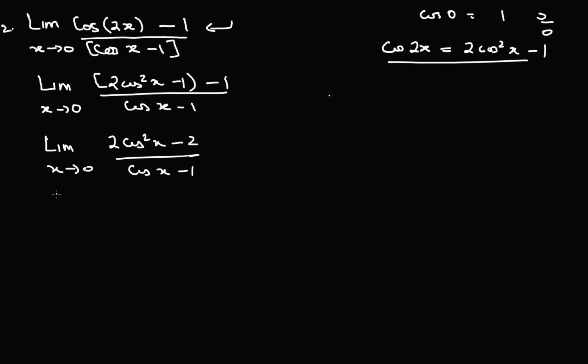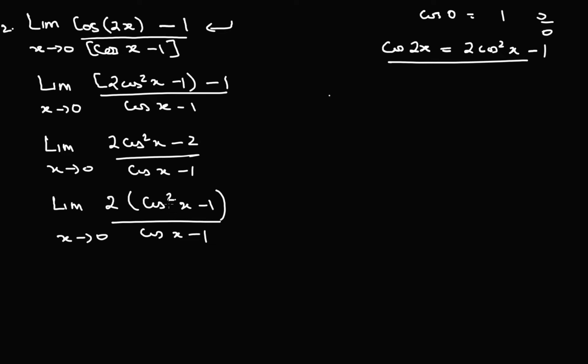Now we can factorize 2, and then we'll have cos squared x minus 1, then we maintain our cos x minus 1, and we still maintain our target limit there.